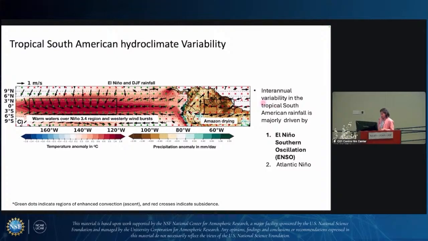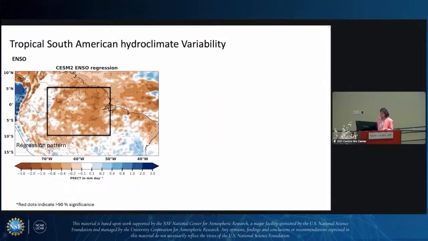So do we see that in our simulations? Yes, we do. When precipitation is regressed onto the Nino 3.4 index, we see negative precipitation anomalies over the Amazon. But we wanted to see if this teleconnection, these negative anomalies in precipitation, is tracked only from the Amazon box or the tropical South American region, the role of local evapotranspiration or moisture recycling.